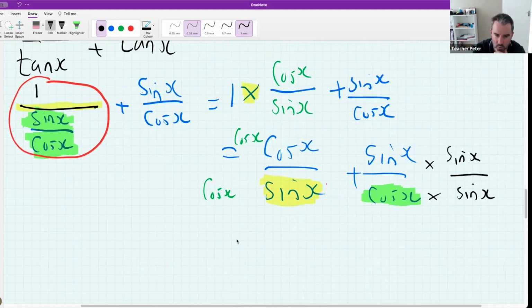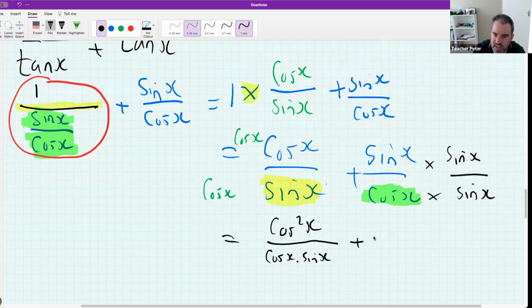And now what we get is, what's cos x times cos x? It's cos squared x. And what's going to be on the bottom? It's just cos x times sine x. And then over here, it's going to be plus sine squared x over cos x sine x.